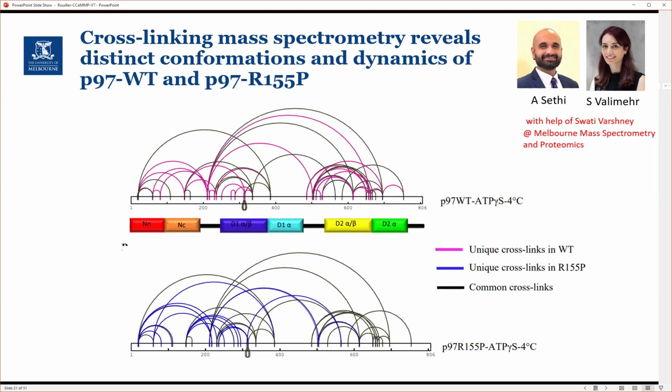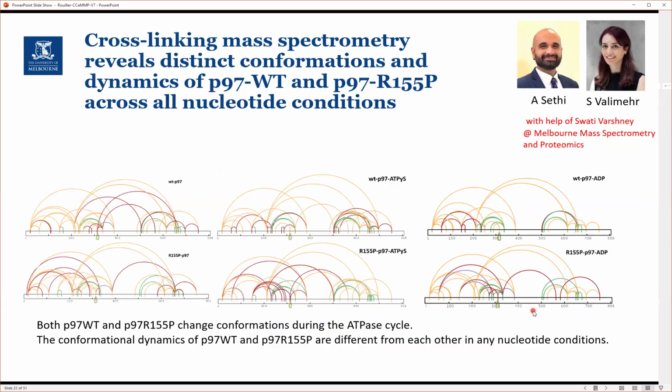She could also compare the wild-type protein and the mutant, and showed that the dynamics of the two were different, as a set of cross-links were unique for the wild-type protein and some unique for the mutant.